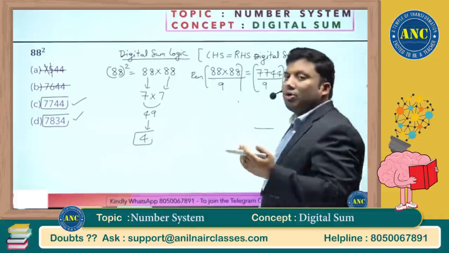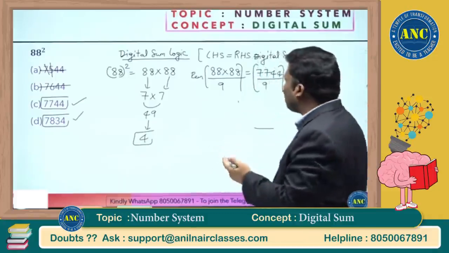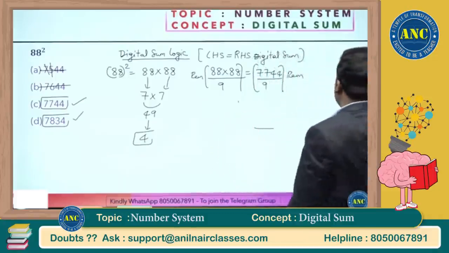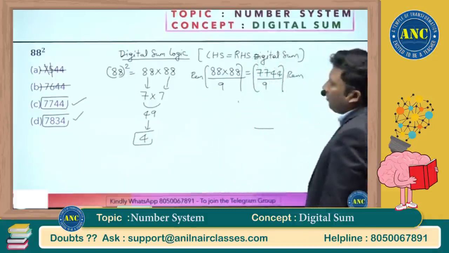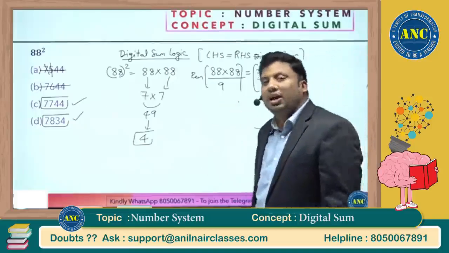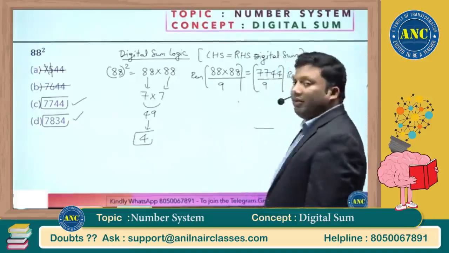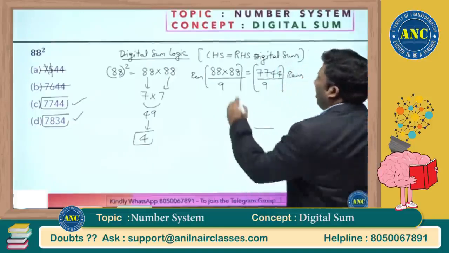So I divided the left hand side by 9 and applied remainder, and I divided the right hand side by 9 and applied remainder.